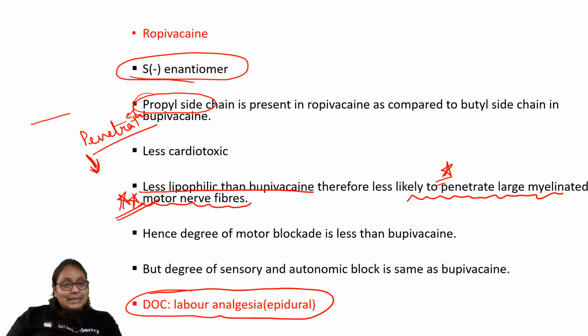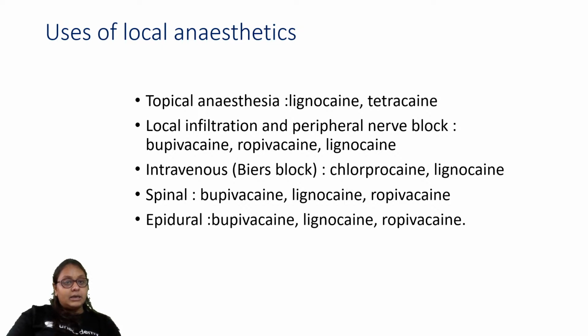It is a propyl side chain and therefore it is less lipophilic than bupivacaine and its penetration into the large myelinated fibers is less. But its other components, sensory and autonomic, are the same. So what do we want? During labor the lady should be able to push properly, but she should not have pain. Okay, so the sensory and the autonomic block is the same but the motor block is less and therefore it is used in labor analgesia.